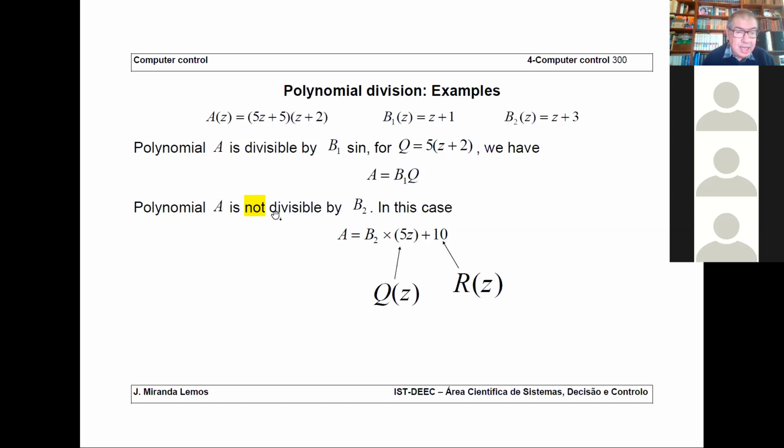But A is not divisible by B2 because you have a remainder. You cannot find a polynomial such that Q times B2 is exactly equal to A. You have to add this here.